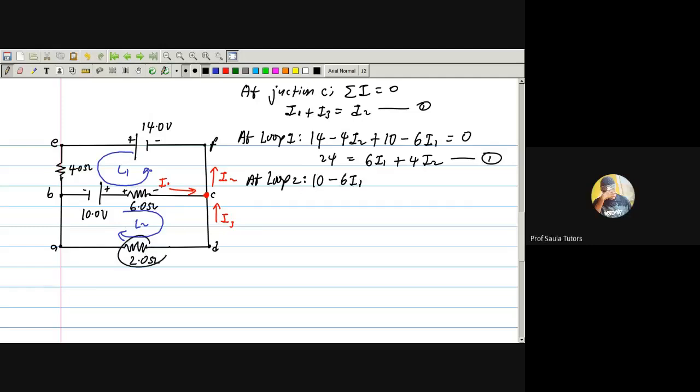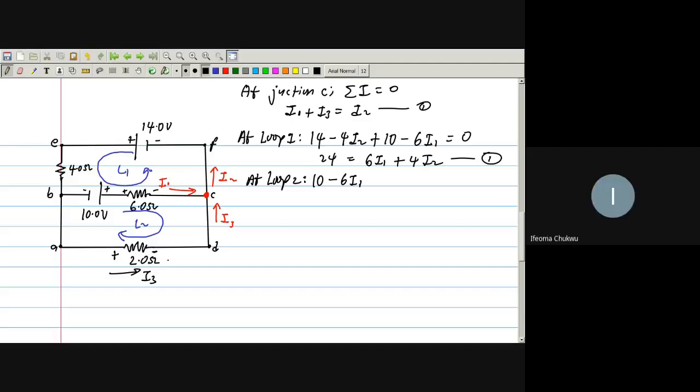Then look at this one. Look at the current across this one, I3, and the way it is moving. The current is moving from high to low potential, and look at the way we are moving. Do you have a voltage rise or voltage drop?